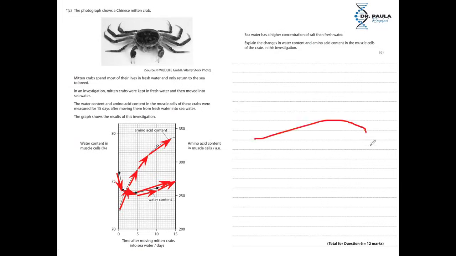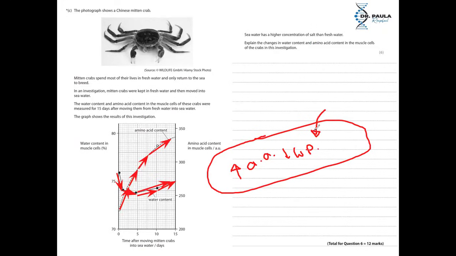Remember, if we're talking about the cell here, the amino acid is getting higher in concentration, so it means water potential is decreasing. So the water will get into the cell by osmosis, so the water content is increasing as well. So you have to describe and explain at the same time and in a logical sequence.